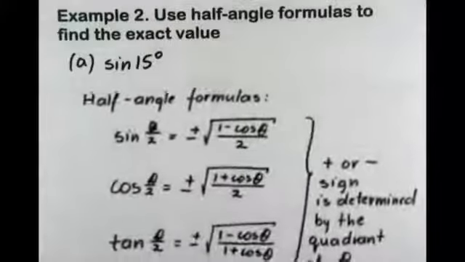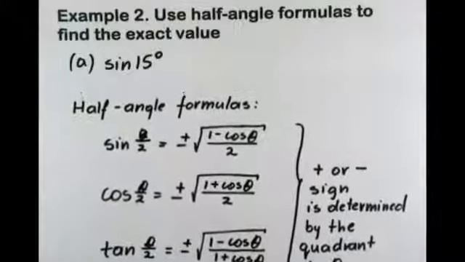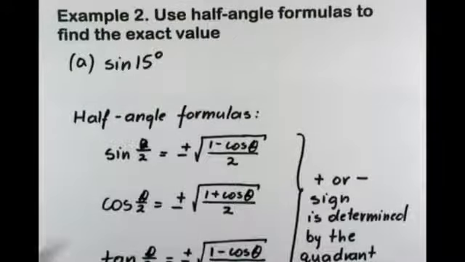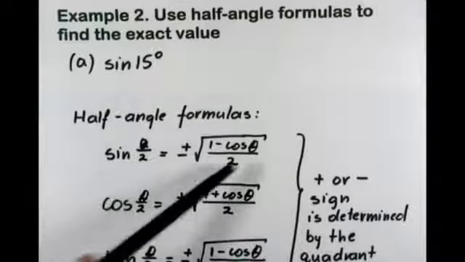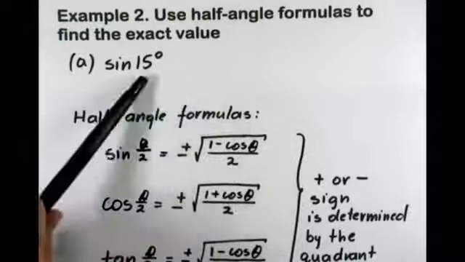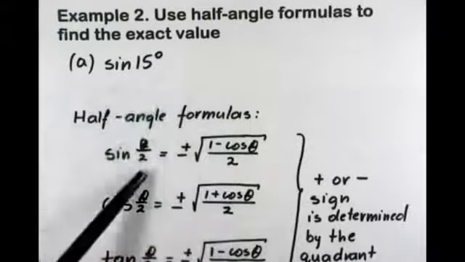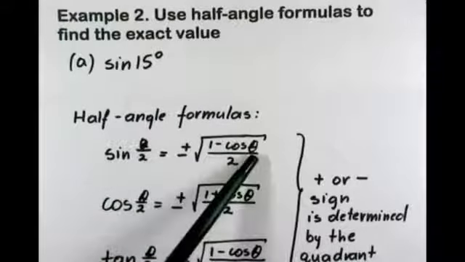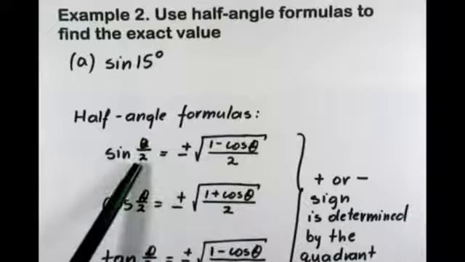Okay, half angle formula, those ones. So we have sine, if this one is sine of the half angle, so what would be my angle? If 15 is the half angle, what is my angle? My angle is nothing else but 30, because if theta is 30, half of that is 15.